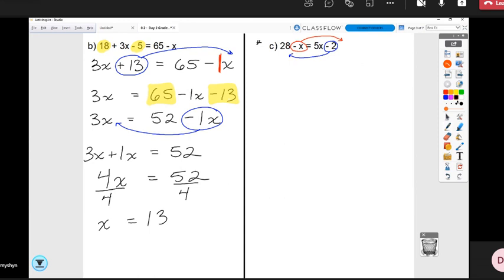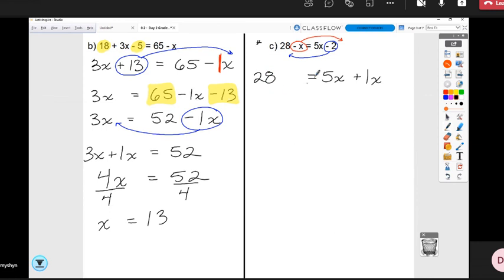This is shortcut city. So the 5x didn't move. But what came over here was the minus x. And when it crosses that equal sign, it's going to change to a plus 1x. And I'm not going to write that minus 2 because we know that that minus 2 came over to the left side with the 28.